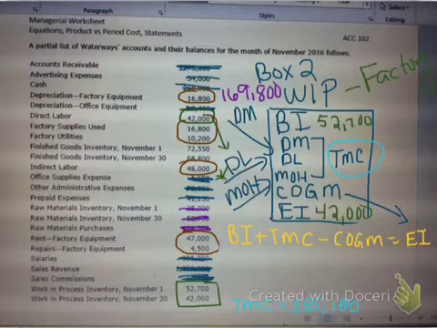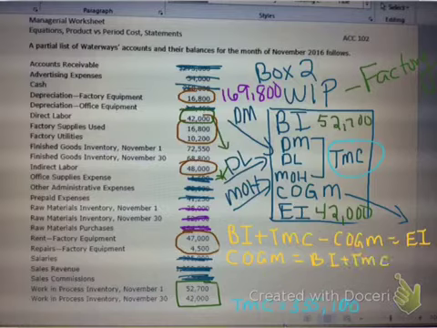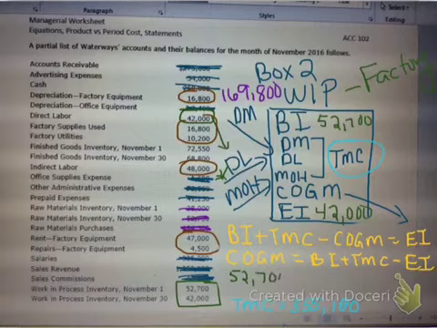The other way of writing this is cost of goods manufactured equals beginning inventory plus total manufacturing cost minus the ending inventory. So in this particular case, our beginning inventory is at $52,700.